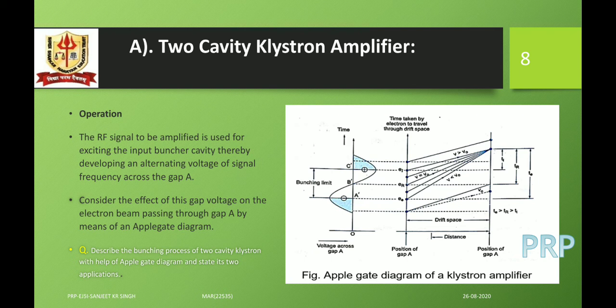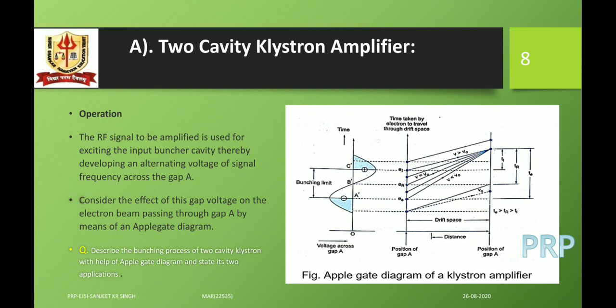And similarly, at point A, where the radio frequency voltage or the gap voltage is maximum, at that time the electron beam passing through the gap is accelerated, its velocity increases, and it will catch up with the reference electron, it will catch up with the late electron.